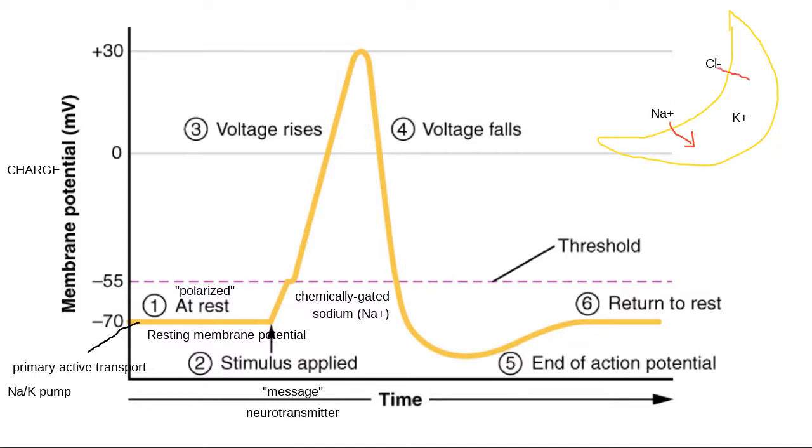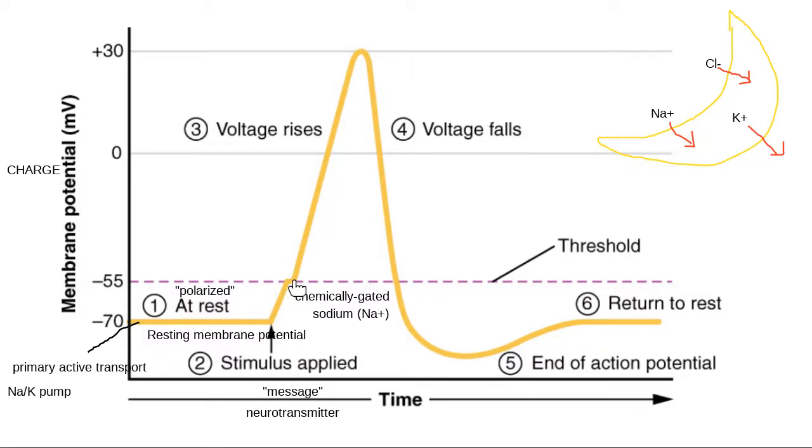Chloride wants to come inside too. A lot of it outside, not a lot inside. Potassium wants to leave because there's way too much inside, not as much outside. We must know our salty banana because that tells us if I open up a chemically gated sodium channel, sodium is going to come inside. And sodium brings its positive charge with it and makes my membrane more positive.